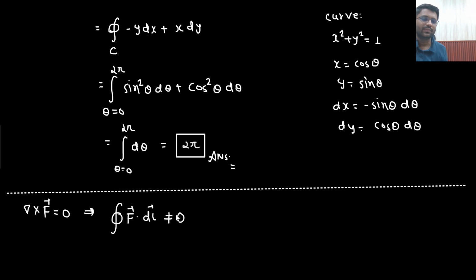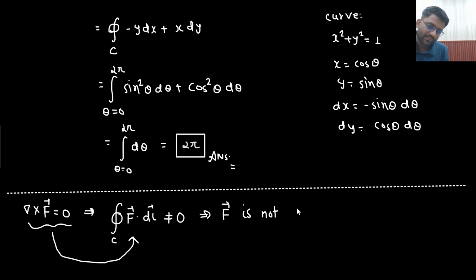No, it was not 0. So if del cross f is 0, does it guarantee that your vector field f is conservative? From here what you will say? F is not conservative, because the closed line integral for a particular curve C is not coming out to be 0.